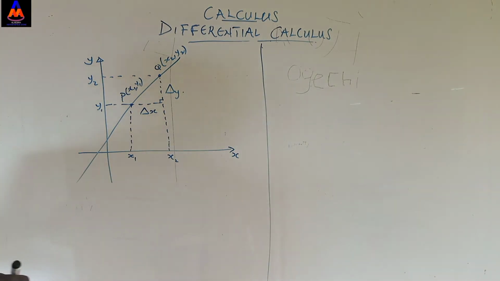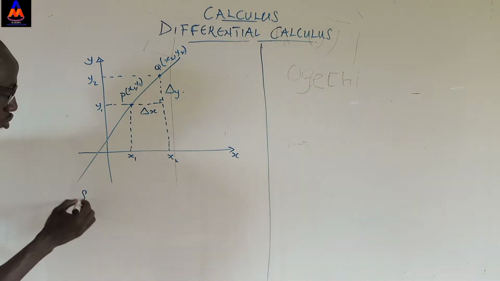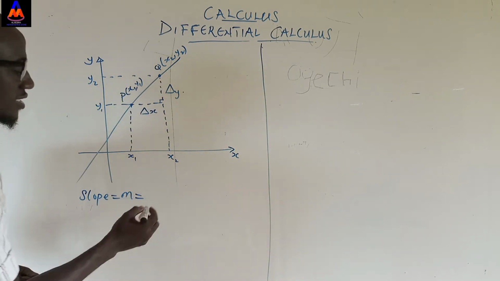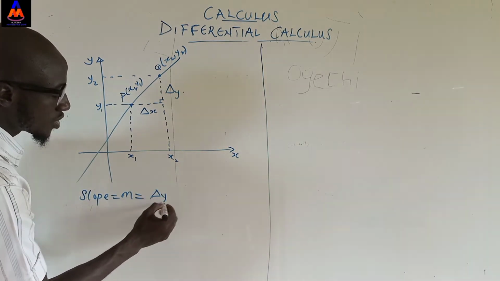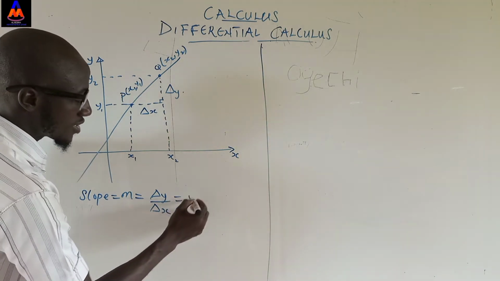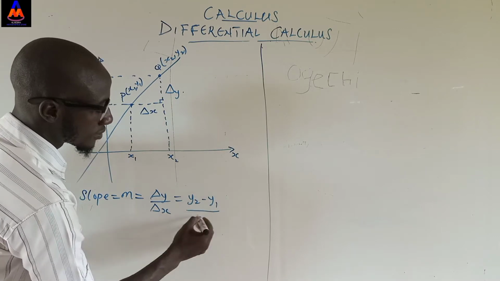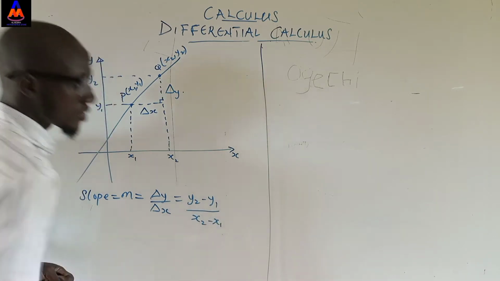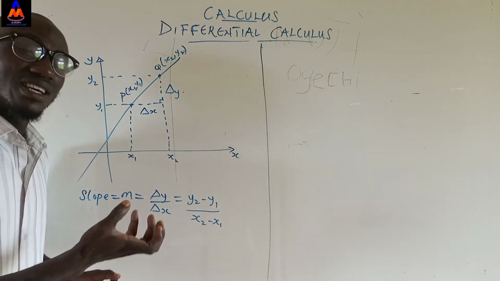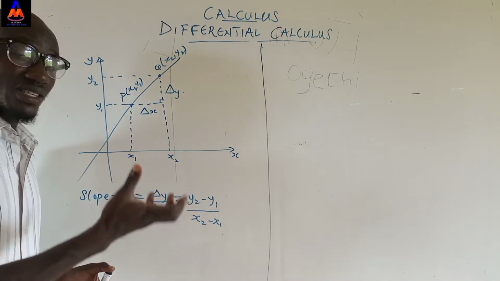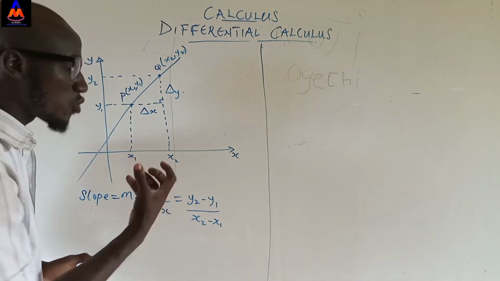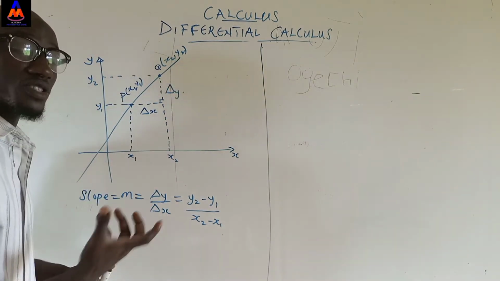So based on our calculation of slope, we know that our slope is denoted with m, and that is change in y, which is delta y, all over change in x, which is delta x, and this is y2 minus y1 all over x2 minus x1. Now this concept of slope explains, in real mathematics language, what differential calculus is talking about.